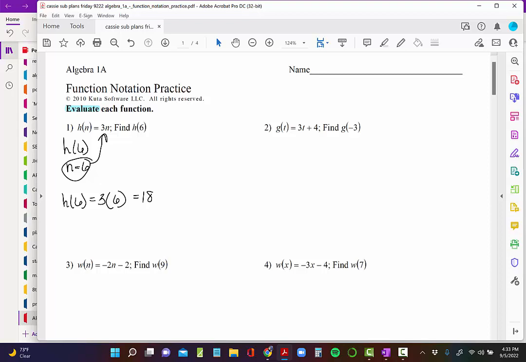Remember that this h of n is equal to y. This is the name of the function, and this is the variable. Okay? So let's try a harder one.